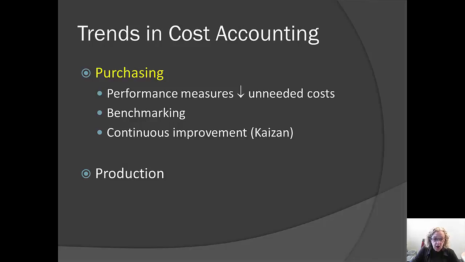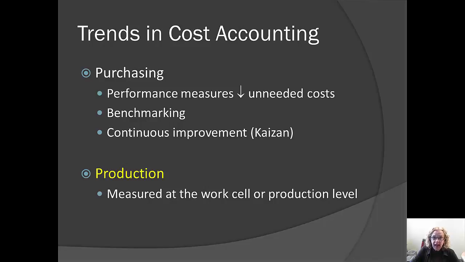Speaking of production, we need to consider how to measure whether our production processes are operating appropriately. Most often, that can be measured at the work cell level or at the production level.